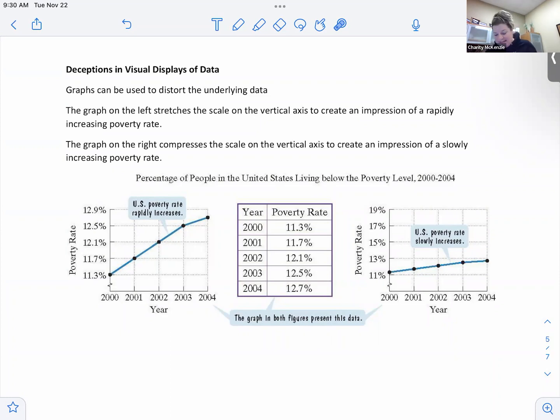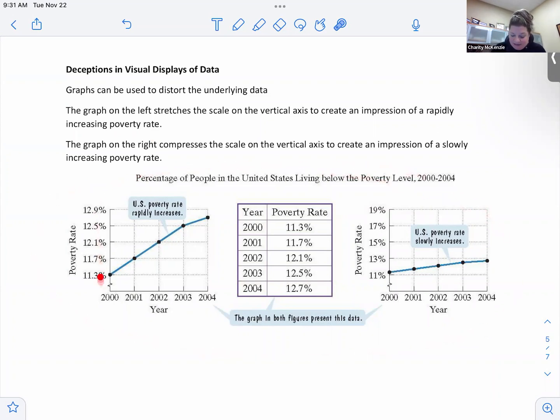Okay, so deceptive graphs can be distorted and can distort the underlying data so they can show the data the way they want. The graph on the left stretches the scale on the vertical axis to create an impression of rapidly increasing poverty rate. These all show the same thing.